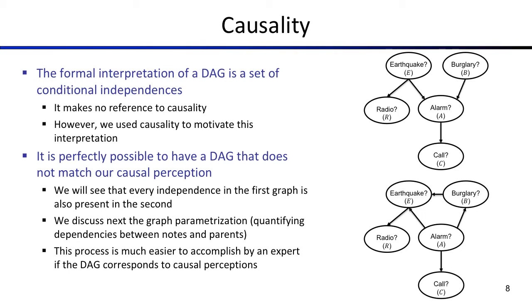So they are assuming the same conditional independencies between the variables. It's clear that the first one is easier to understand than the second one. But as we will see in a few slides, when we introduce the concept of independence maps, we will see that both networks have the same independence map.